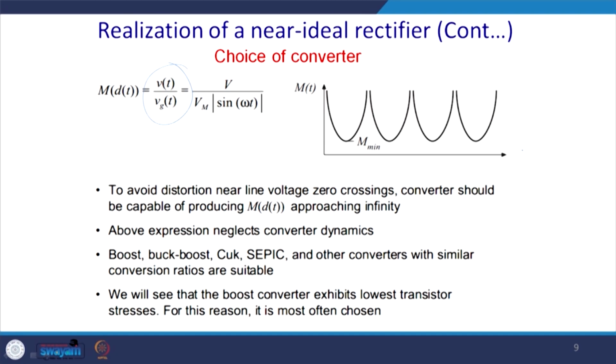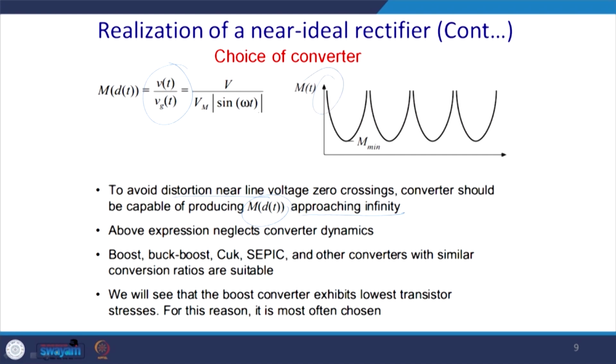And thus, these are a few issues: to avoid distortion near the line voltage zero crossing, the converter should be capable of producing MDT approaching infinity. So, this is something we require to see.